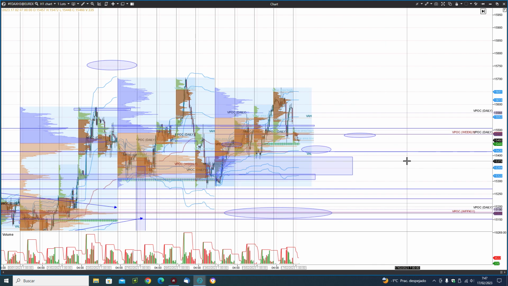We're talking about higher targets, this high volume node 15,485, and the close of this gap 15,535. It's very close to the value area high.